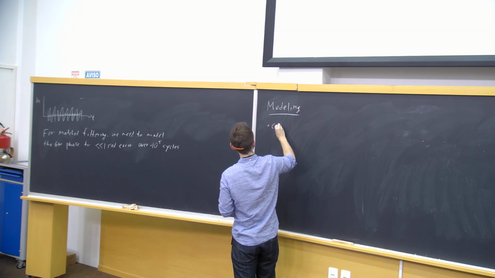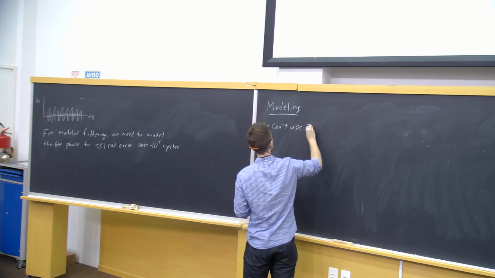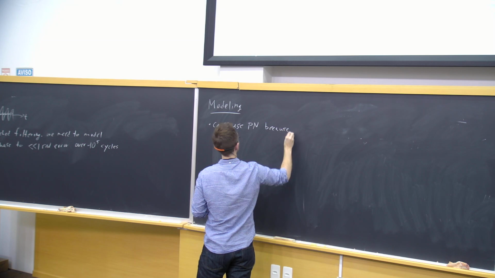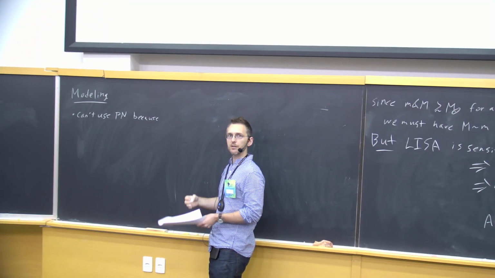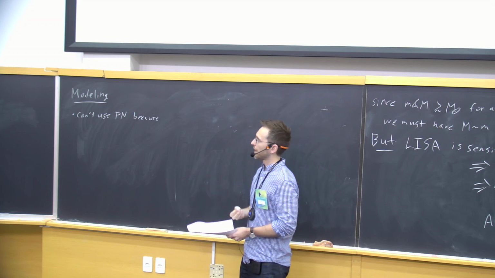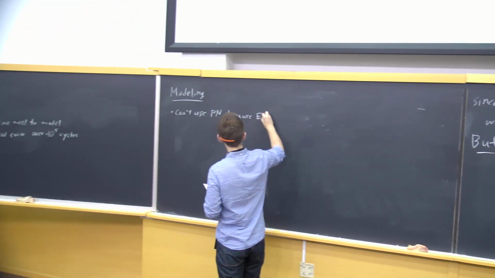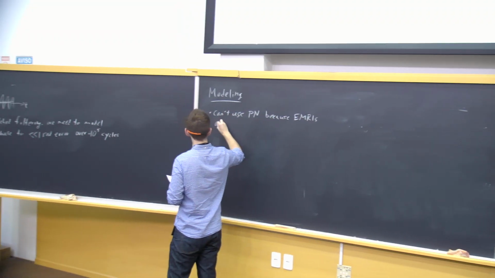So we can't use post-Newtonian theory, because EMRIs are highly relativistic. We're looking in the strong field region. The small object is moving around at relativistic speeds around the big black hole. So EMRIs are highly relativistic.